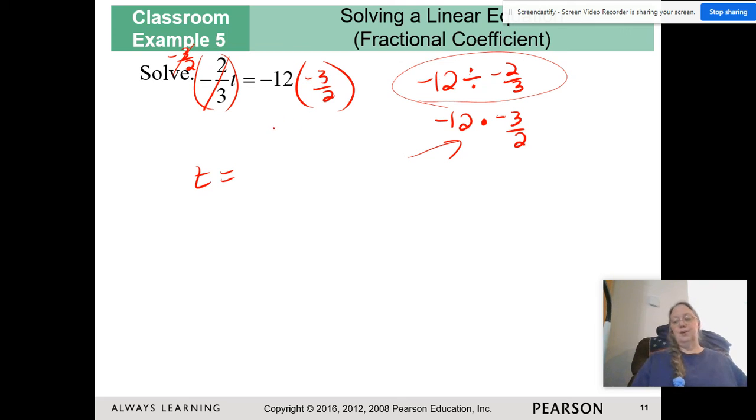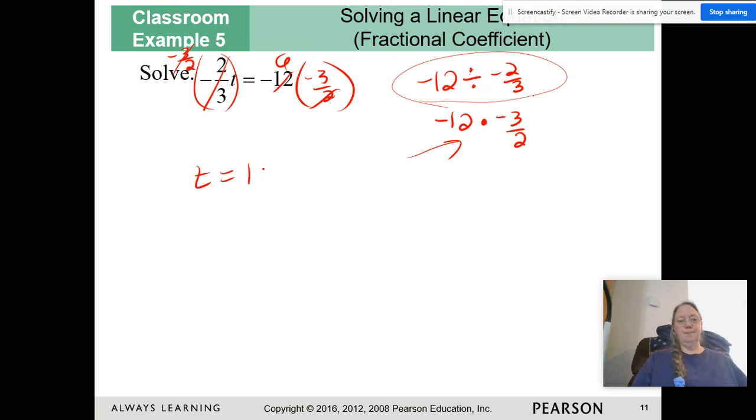Now, here is something that is really helpful to know if you have to multiply a whole number times a fraction. It's super easy to do in your head. It's actually much faster to do it in your head than it is to punch it into a calculator, because what you do is you divide by the bottom, multiply the top.